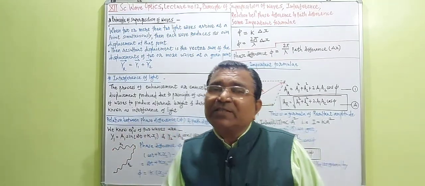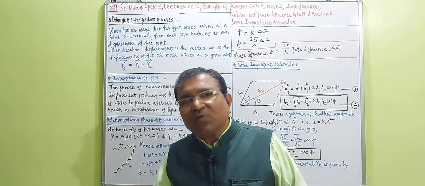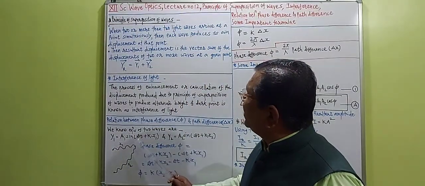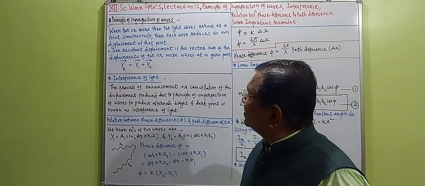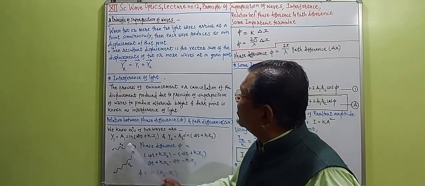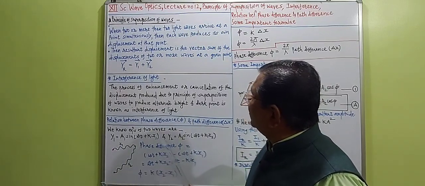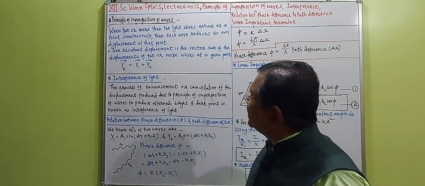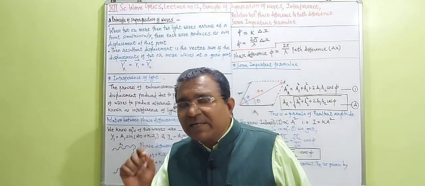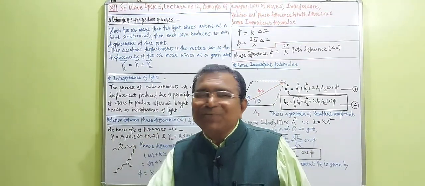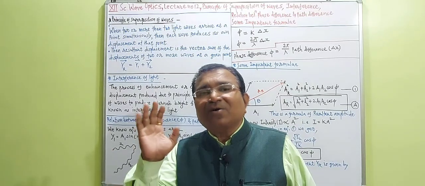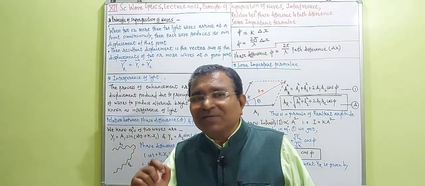What are the two equations of light that I have written on the board? y1 is equal to a1 sin(omega t plus kx1), the equation of this wave. What is the equation of this wave? y2 is equal to a2 sin(omega t plus kx2), where a1 and a2 are the amplitudes of the two waves and omega remains constant in both the waves.